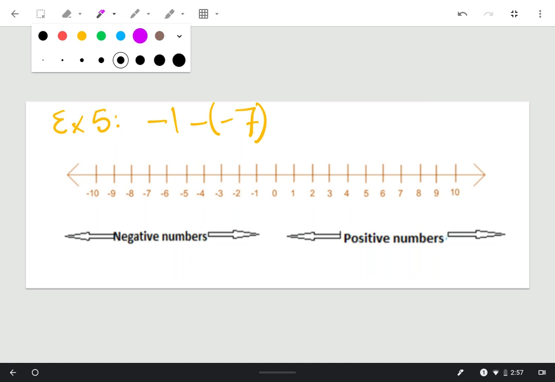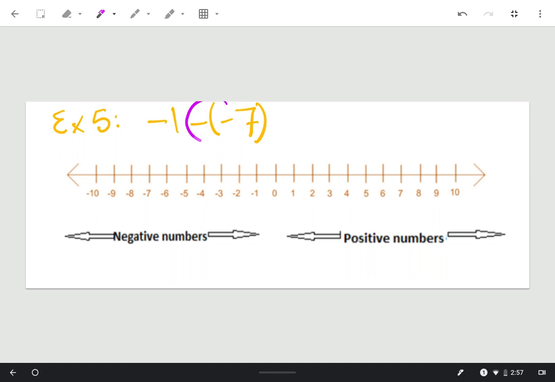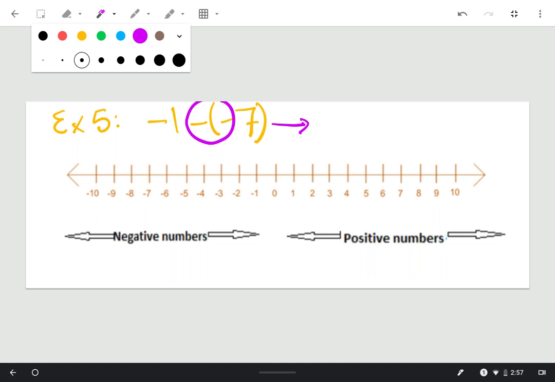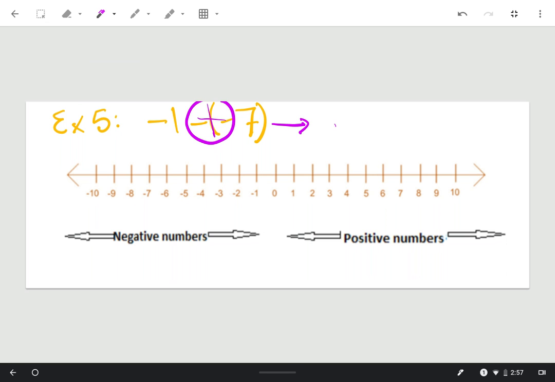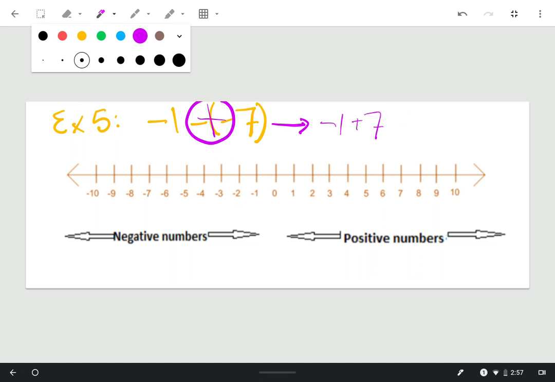The issue that we need to deal with the most is what's happening right here. This is a strange thing: minus negative. When we see this, you can visualize it as a plus sign. So we're going to rewrite this as negative 1 plus 7. So let's go back to our yellow.